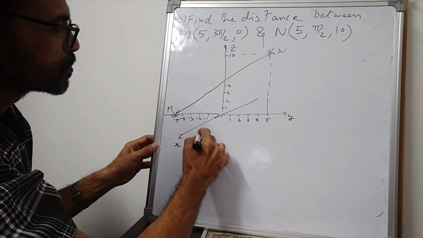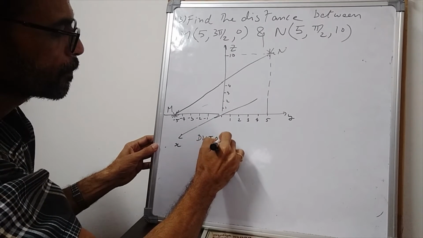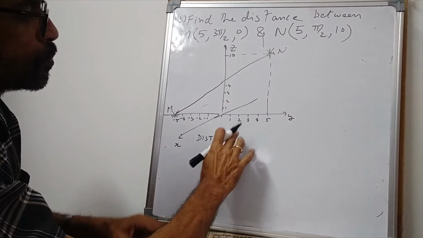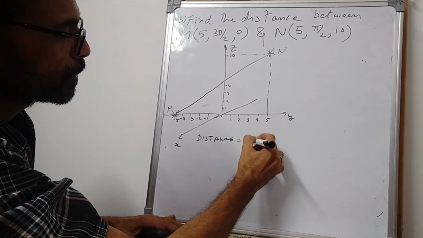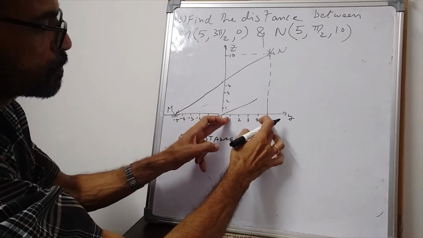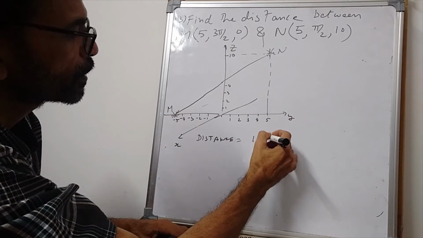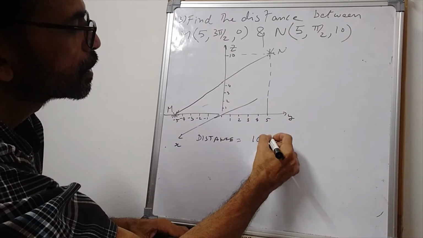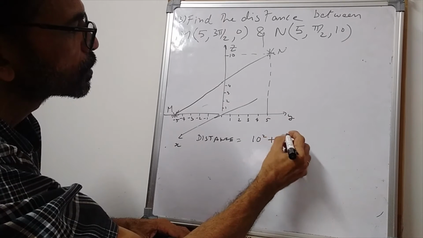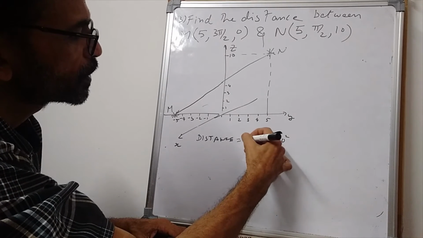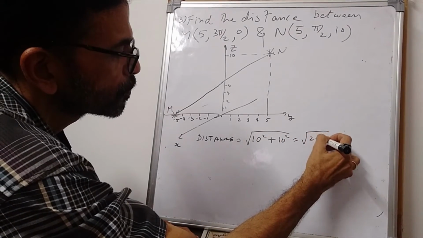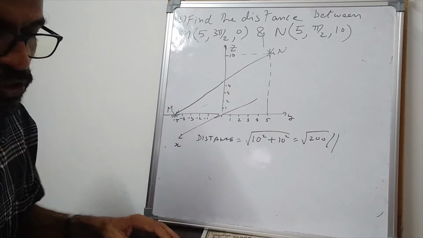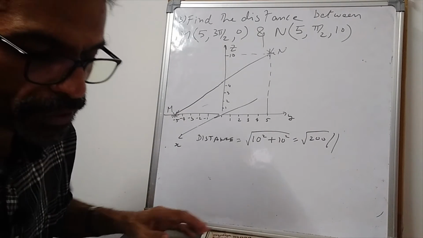The distance is equal to square root of 10 square, because this is 5 and this is 5, so it is 10, plus 10 square, that gives square root of 200. So many units, that's the distance, square root of 200.